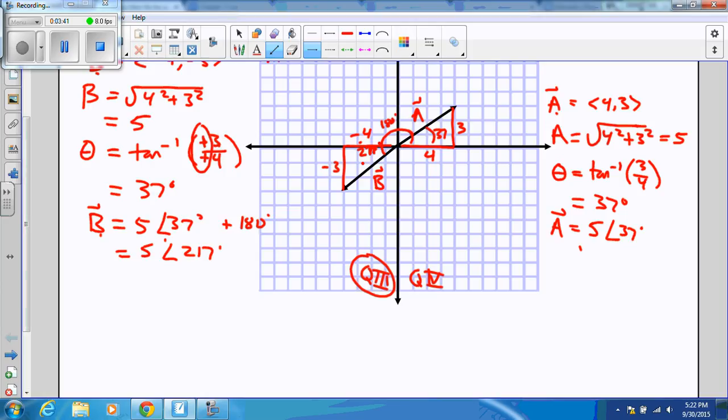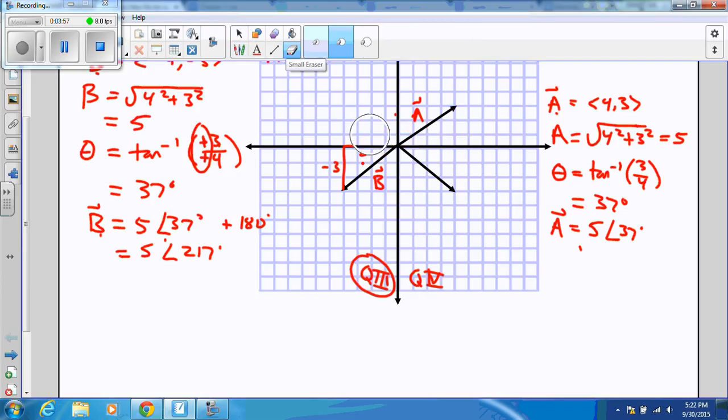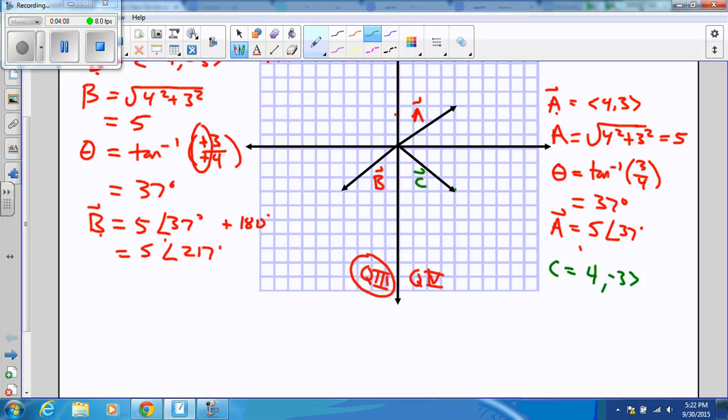Well, a similar kind of thing happens for vectors in quadrant 4 and quadrant 2. If I have this vector here in quadrant 4, and that vector is going to be, let me erase some of this right here. This vector is now 4, -3. Let's call it C. And I now compute the magnitude of C as the square root of, again, 4 squared plus 3 squared is 5.